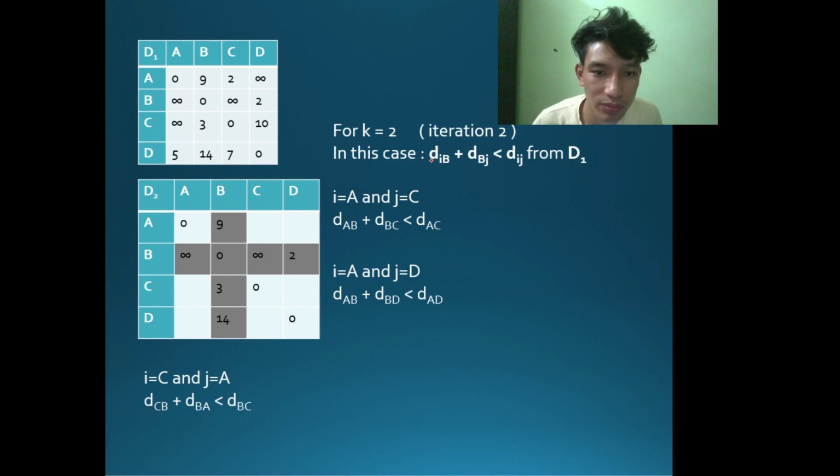So in this case it will be d of ib plus d of bj less than d of ij from D1, which is the previous distance matrix, right?